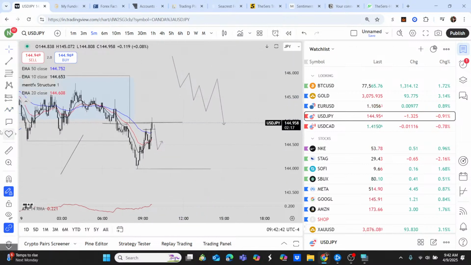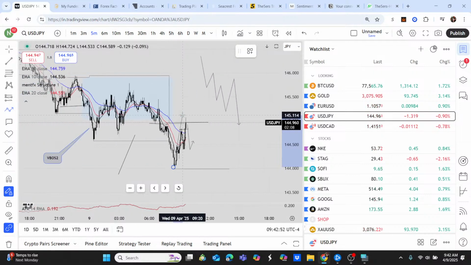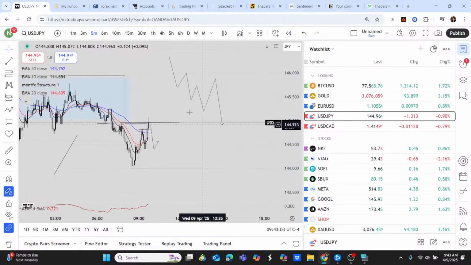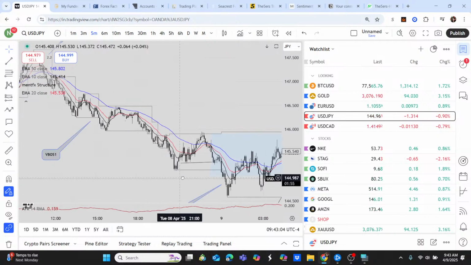So think about it right here. I'm not saying it's gonna exactly play out like that, but it's all about probabilities. This move right here, this taking out this high, is just some type of higher time frame structure getting filled in to probably continue lower. And if you look at it, you can probably find multiple examples.